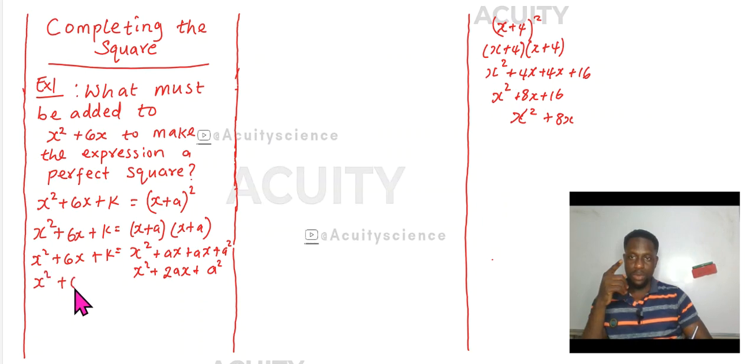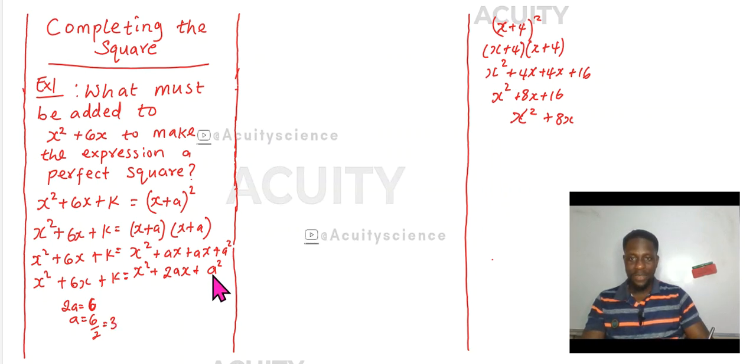Alright, now I'll rewrite this again. I think we're ready now to match them. What I mean by matching, for my equal sign: this is this, this is this, and the last one, k, is this. So what this means is 2a is 6, and this x is this x. So if 2a is 6, it means a is 6 over 2, which is 3.